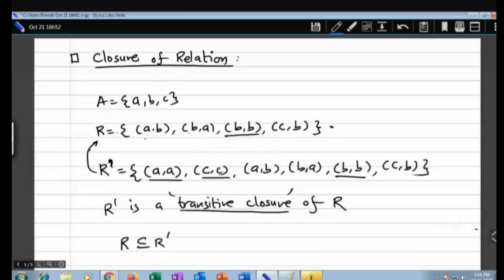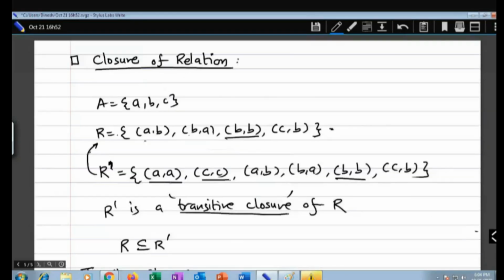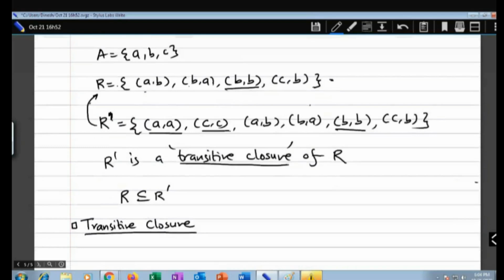Okay. Now, if you go with the definition, let me write the definition. So what we have seen, maybe we can revise this tomorrow also. Transitive closure. Oh, sorry. I just made a very big mistake. This is not transitive closure. Why did I make it transitive closure?